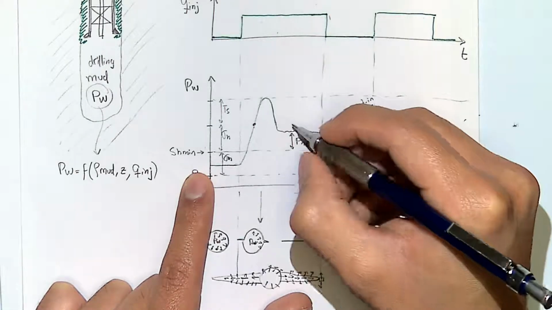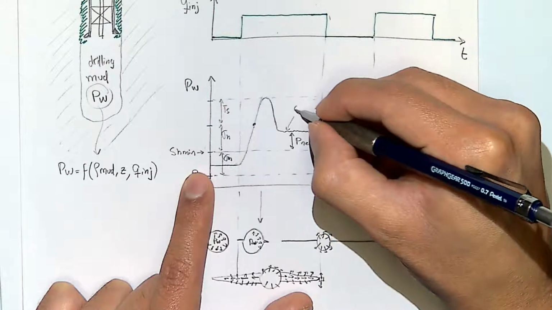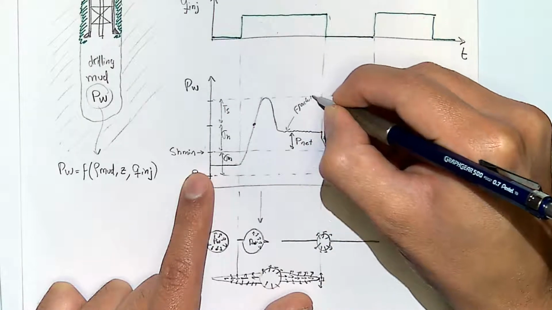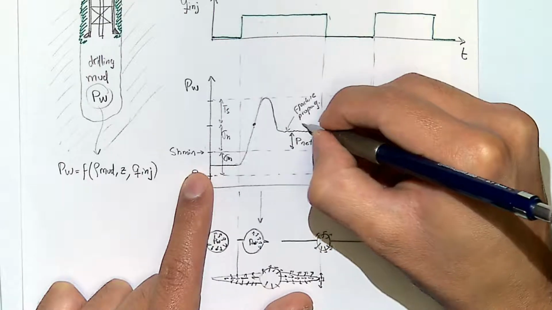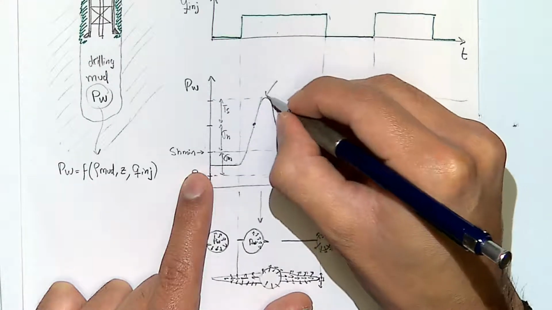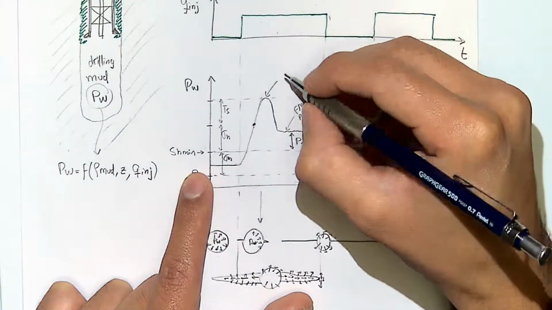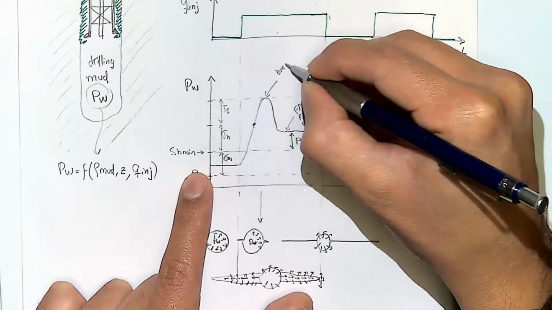And before that, I forgot to write over here, this value is called the fracture propagation pressure, and this value, as we saw before, it's called the breakdown pressure.